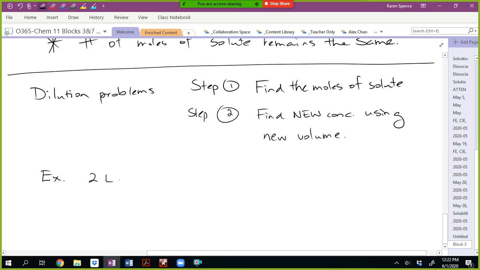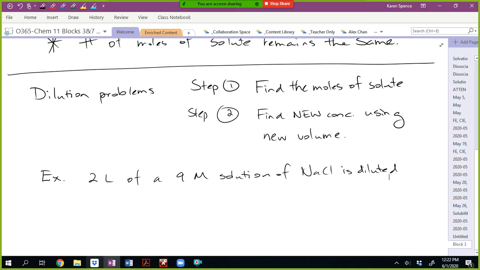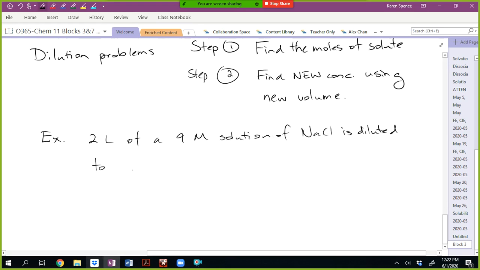Okay, so we have, let's see, 2 liters of a 9 molar solution of sodium chloride is diluted to a final volume of 6 liters.